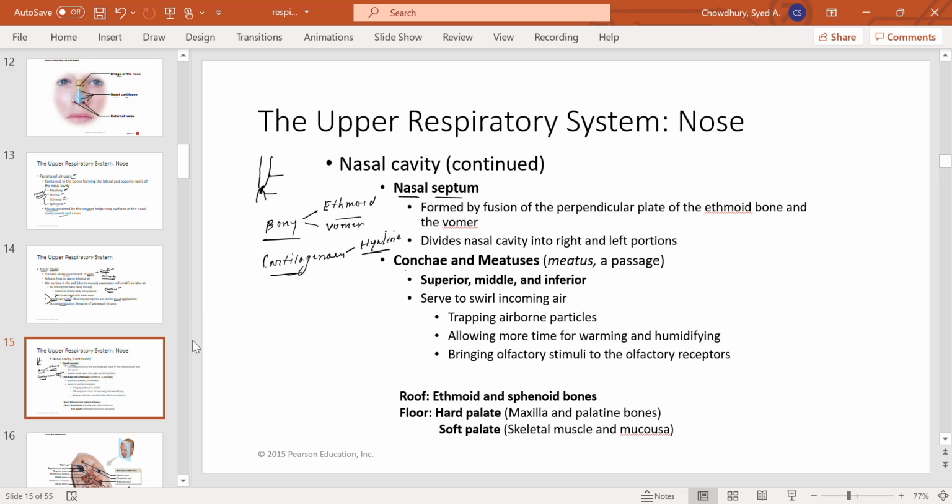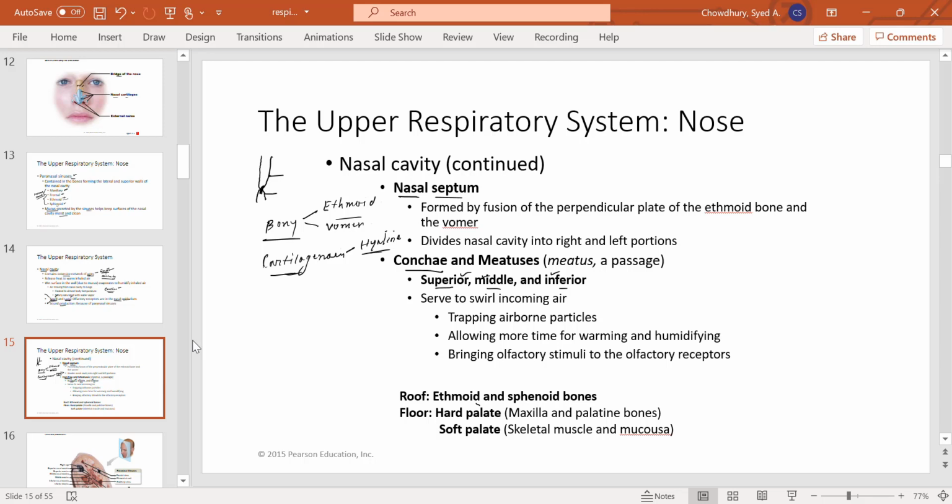Okay, concha, as I mentioned, there are three in each side, superior, middle and inferior, and when you inhale the air, that air would whirl or circulate for some time before it enters into the lung, and that is the air turbulence helped by this concha. So they work like turbulence, and that would allow the air to get enough time to get moist and warm before it enters into the lung.